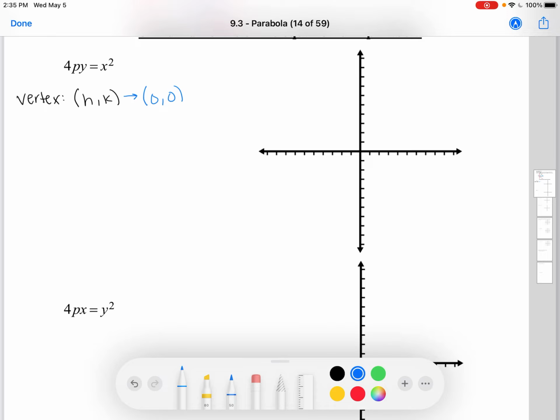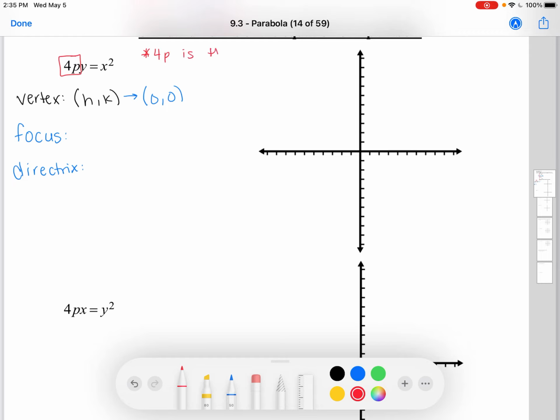And then we're going to have a focus as well as a directrix in comparison to that vertex. And the way to find what those are is based off of this section here, the 4p. All right, so we'll make a note.